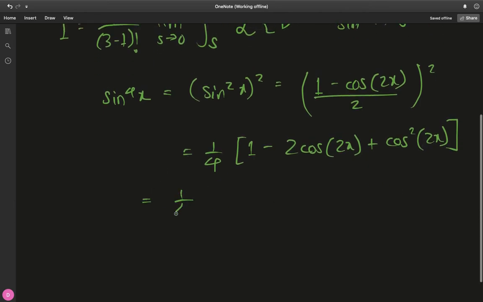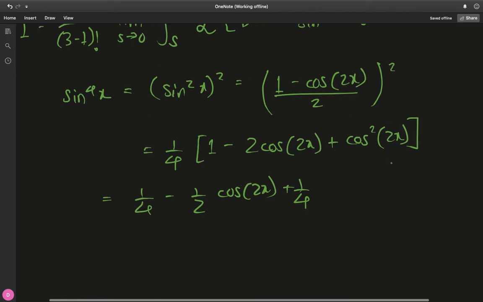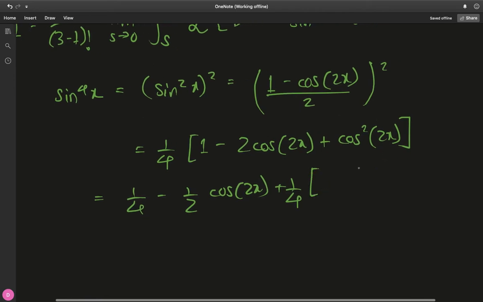And we have 1 over 4 minus 1 over 2 times cosine of 2x, and 1 over 4. We can write cosine squared again in terms of these double angle formulas.